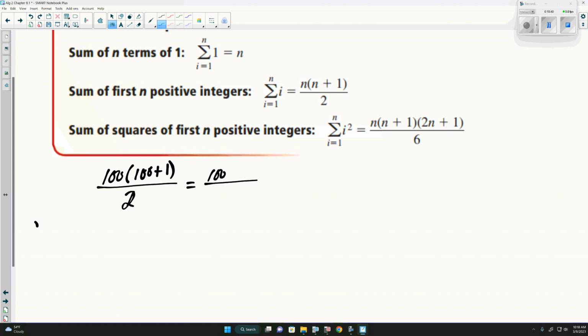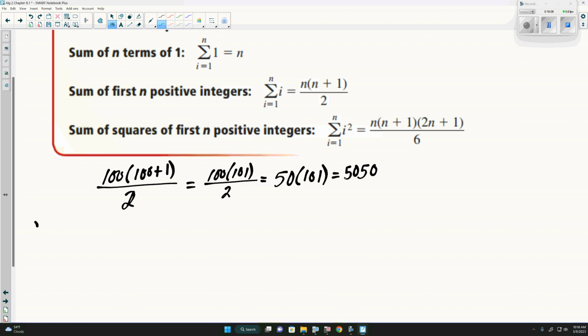So that'd be 100 times 101 over 2. What's 100 divided by 2? And 50 times 101 is 5,050, yep. And this makes sense.